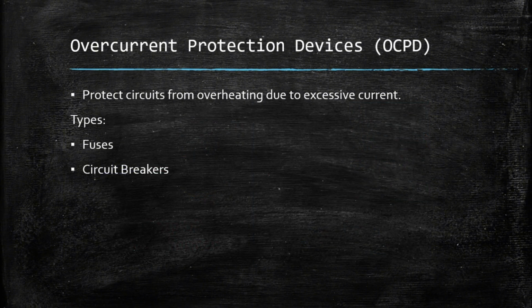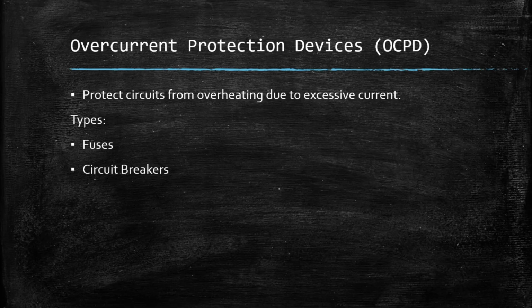Next, we have overcurrent protection devices. Overcurrent protection is vital to avoid fires and damages. There are two main types of overcurrent protection devices: fuses and circuit breakers.